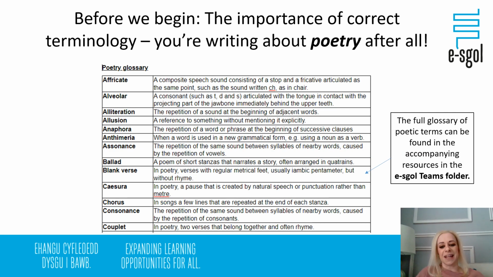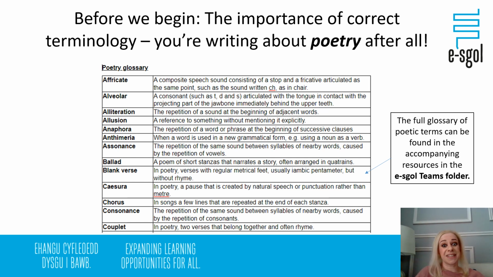So before we begin then, what I need to make sure is that we all know the importance of correct poetic terminology. And what I mean by that is you must demonstrate to the examiner that you are fully aware that this is a poem that you are exploring.